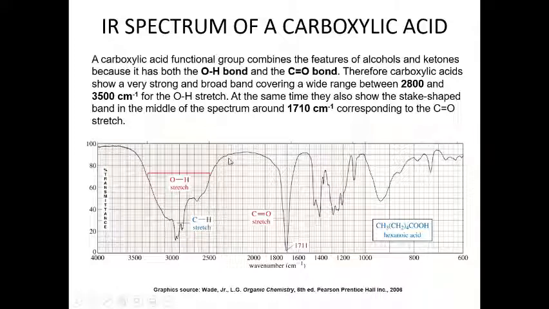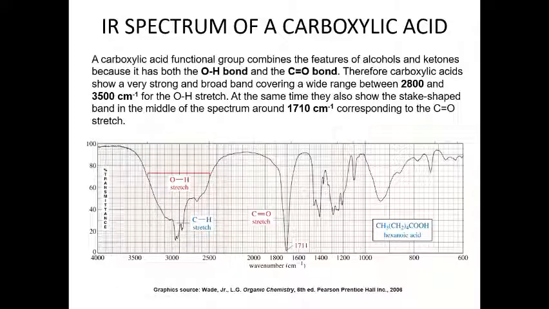Whenever you see this very broad band, which also has the CH stretch inside and generally occludes all this region, you can be sure that you have a carboxylic acid there.